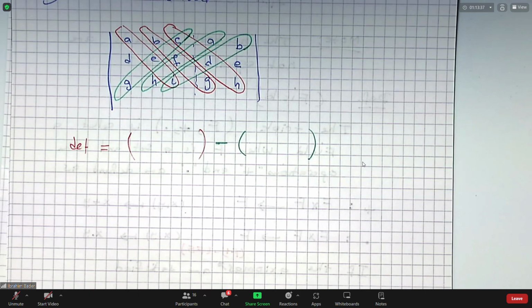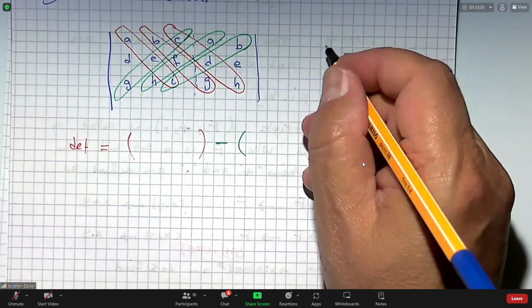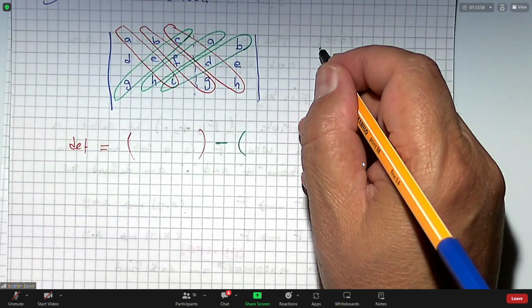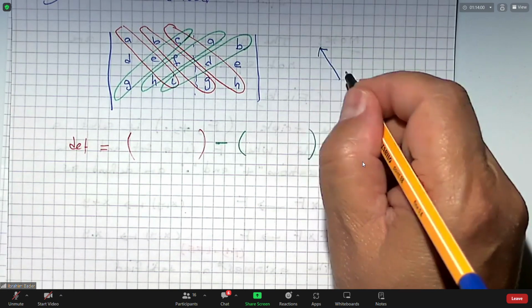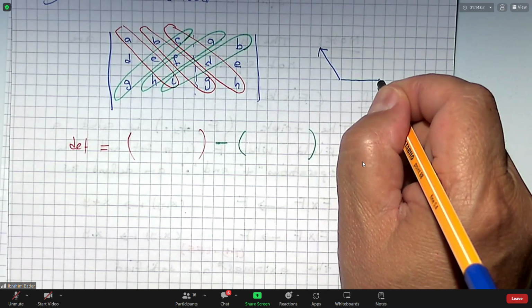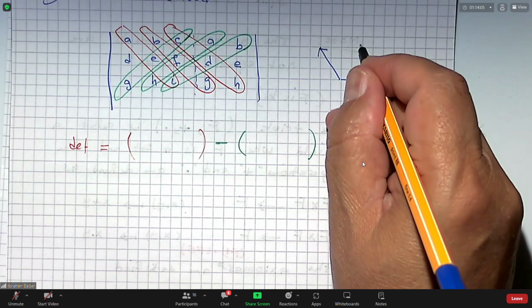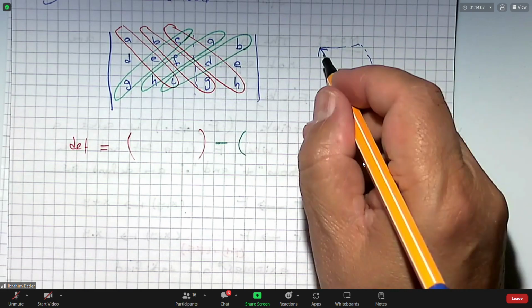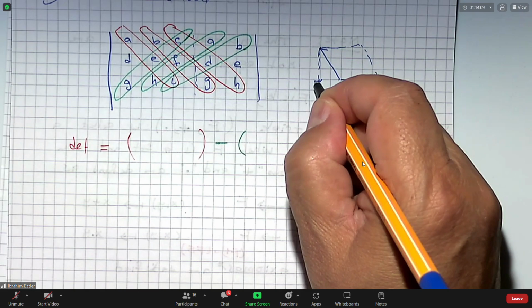By the way, if I have here two vectors, let's say this is vector 1, vector 2, and then I have this right angle here.